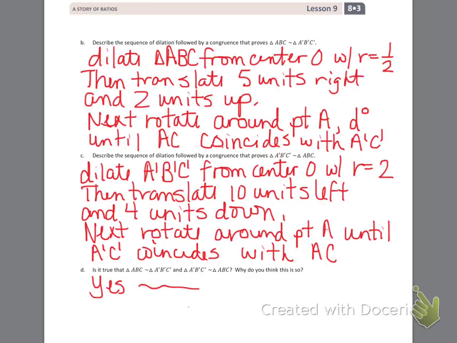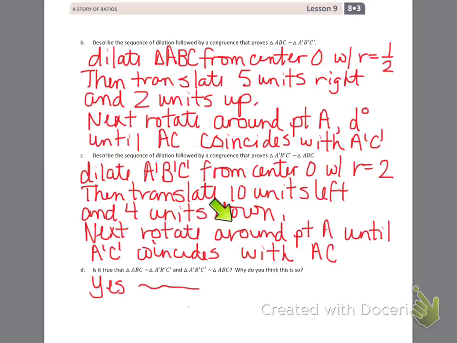Okay, and then in showing the other congruency, we dilated the smaller triangle from center O with R equals 2, so we enlarged it. Then we had to translate 10 units left and 4 units down. Then we rotated around point A until the A prime, C prime coincided with AC.